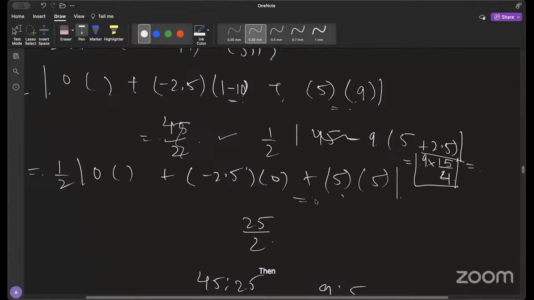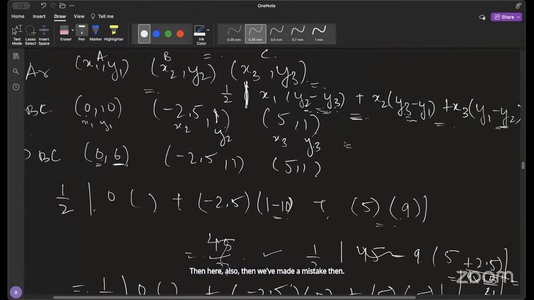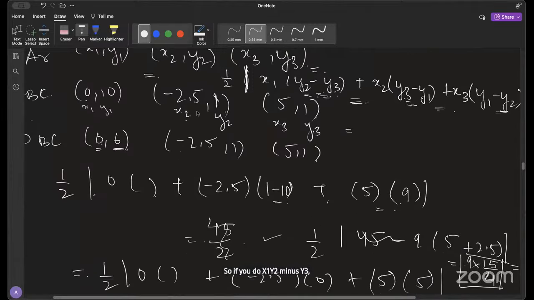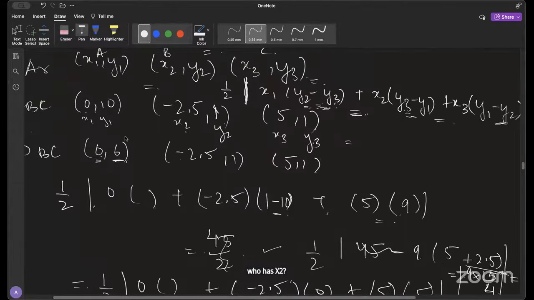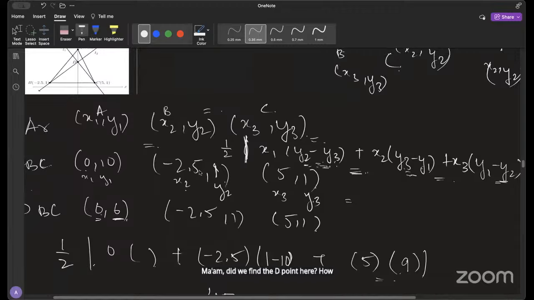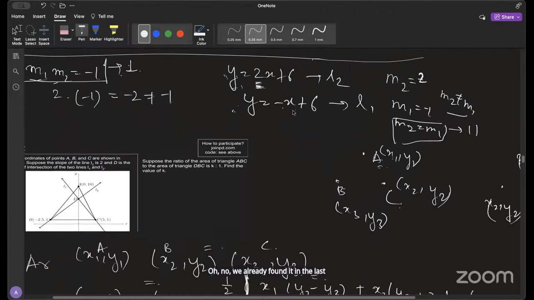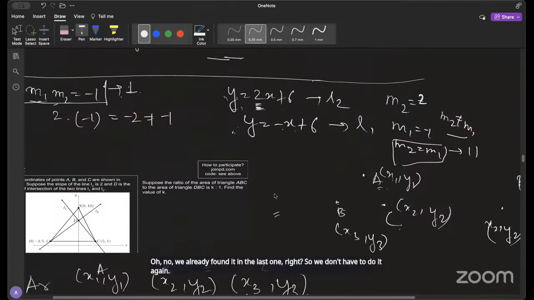Then here also, then we've made a mistake then. So if you do x1 y2 minus y3, you will have x2. x1 is 0, right? Ma'am, how did we solve to find the D point? Oh no, we already found it in the last one, right? We don't have to do it again. It's the extension of that question, I guess.